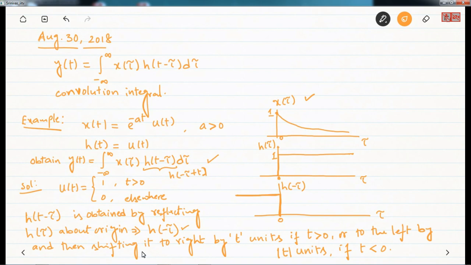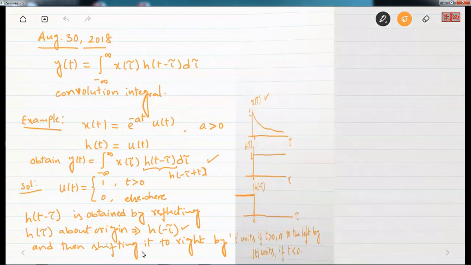We first plot h of tau, because we have h of t, by replacing t with tau. From that we get h of minus tau just by reflecting the signal about the origin, about tau equal to 0. But we want h of t minus tau, so we get it by shifting to the right or left.